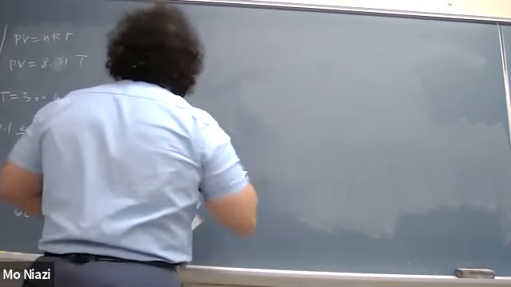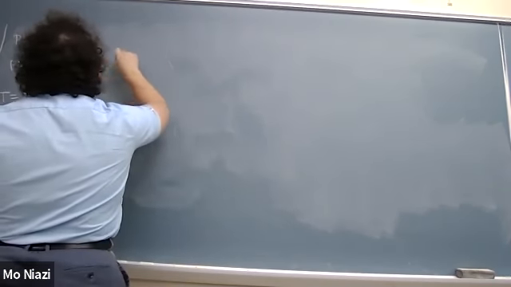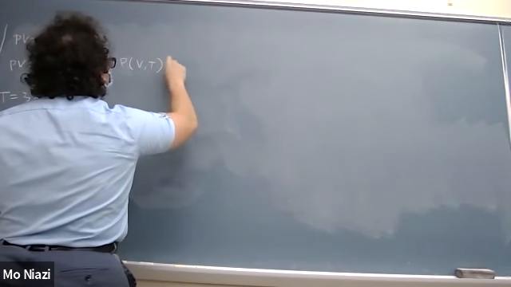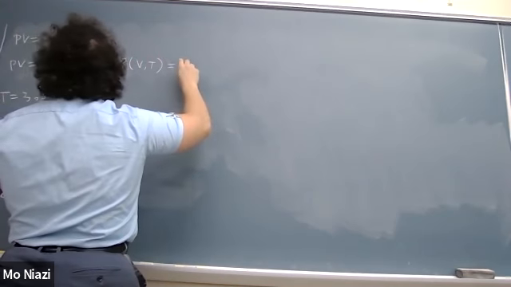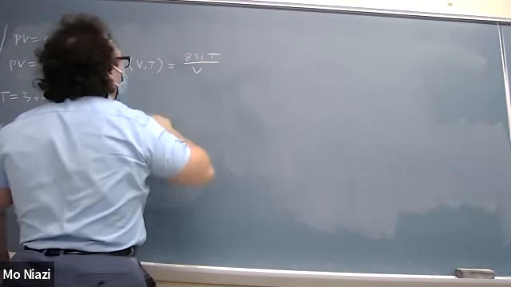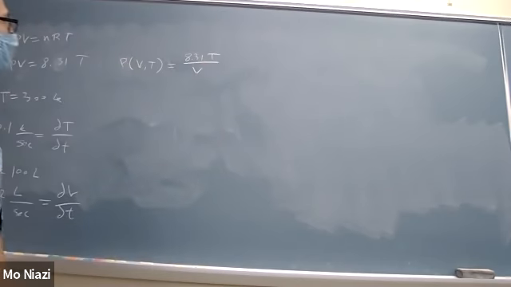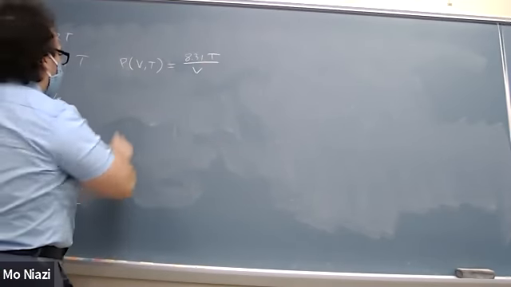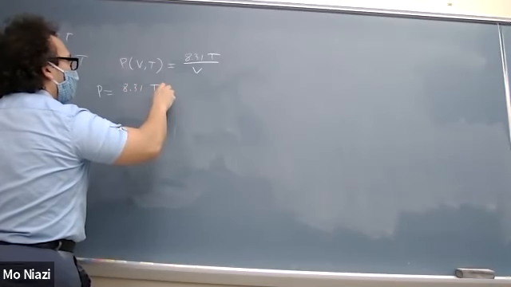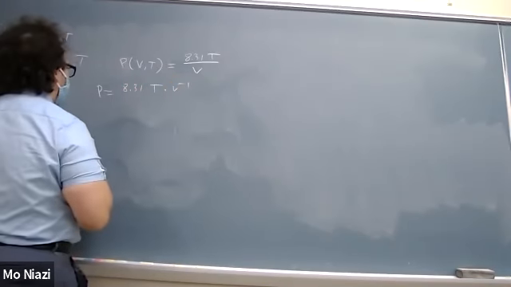We get partial T, partial t and partial V, partial t as our pieces of information. We notice that from this equation, P is a function of V and T whenever you solve for P. See that? So I could just say P is equal to 8.31 T times V to the negative 1.